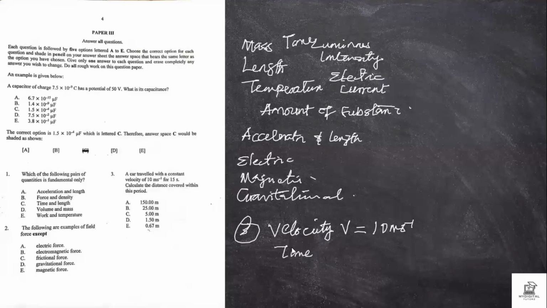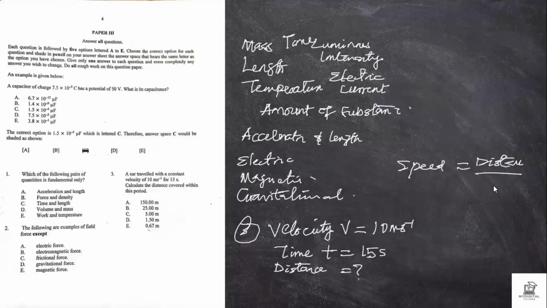So the time T is equal to 15 seconds. So calculate the distance covered within this period. So we're looking for the distance covered, we don't know. So remember this formula, which says that speed is equal to distance all over time.